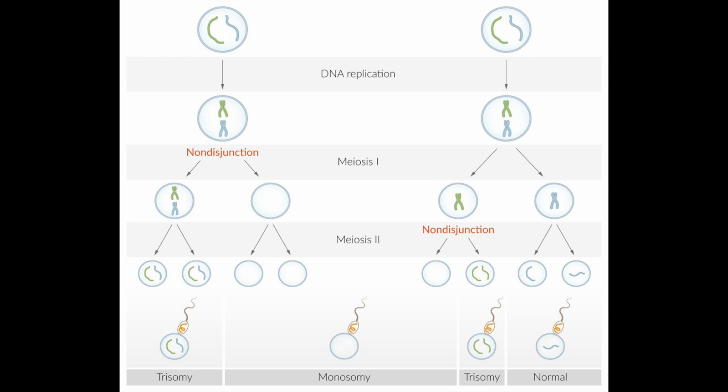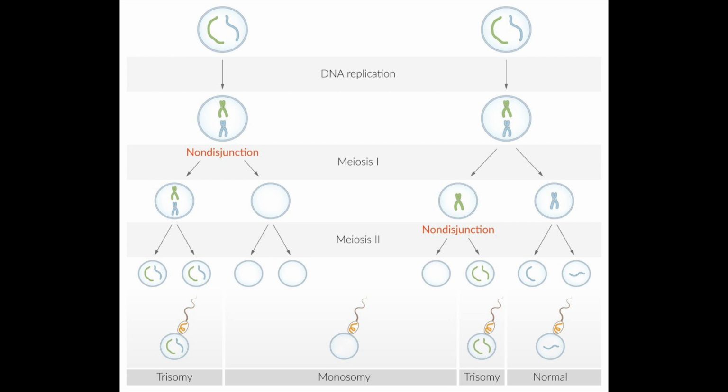The daughter cell that gets both copies will end up being the cell that has the trisomy. In this case, that would be chromosome 18 with 3 copies, which eventually leads to trisomy 18.